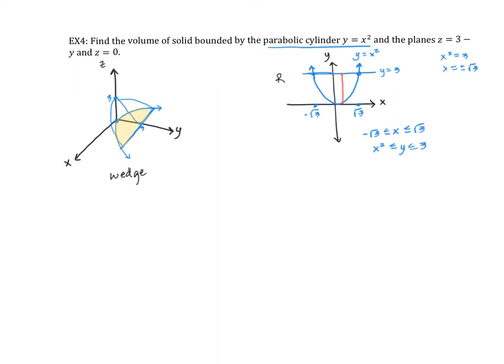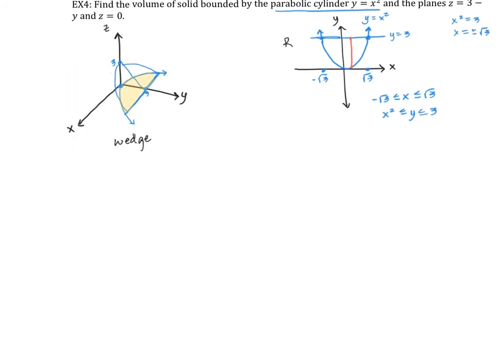Well, I'm already told that z is equal to 3 minus y and z is equal to 0, so I already have my limits of integration for z, but which is the upper and which is the lower? Going back to the 3D graph with my z values, the lower is 0. The upper would be the point on this plane z equal to 3 minus y. So my z values are going to go from 0 to 3 minus y.